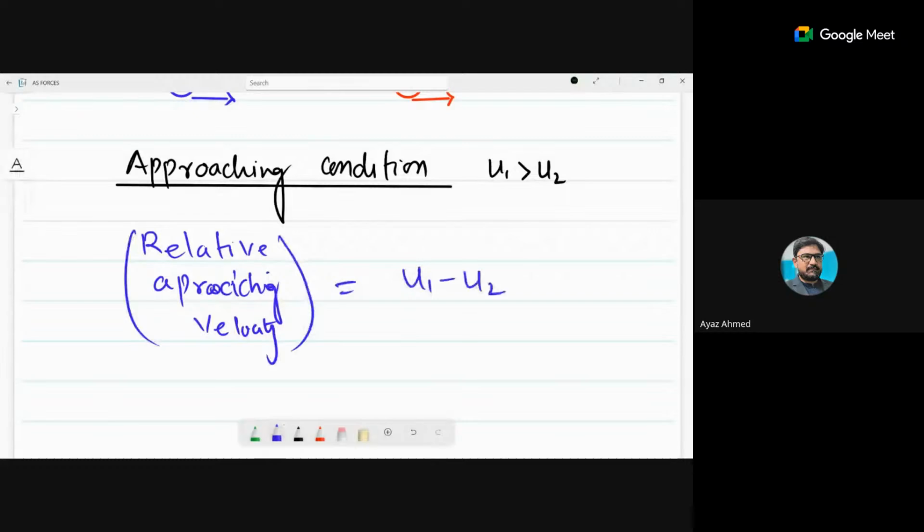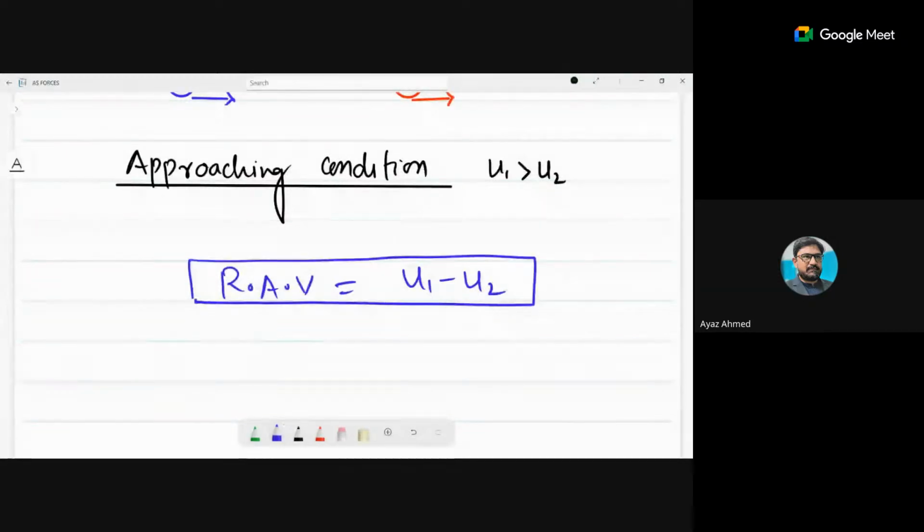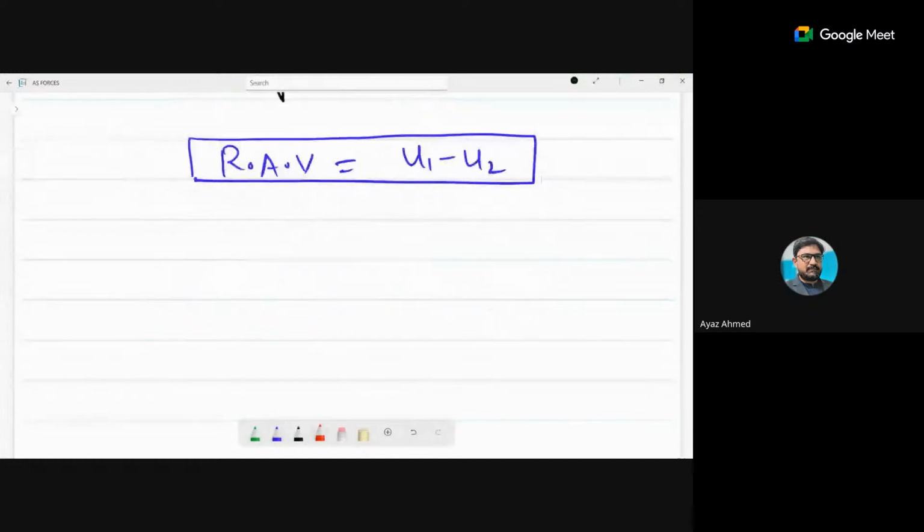In general I can reframe this large phrase as RAV, which stands for relative approaching velocity, and it is u1 minus u2. This is when two bodies are moving in the same direction.